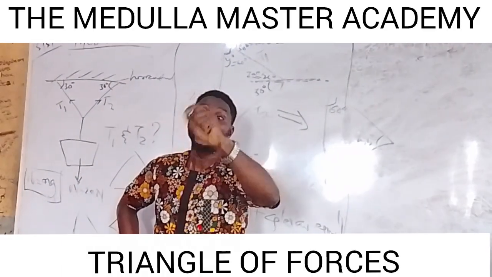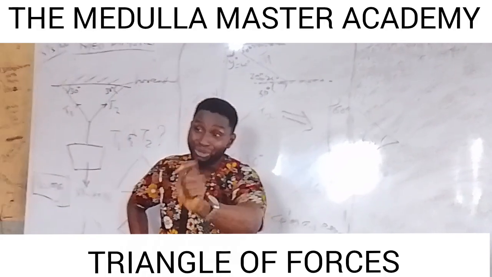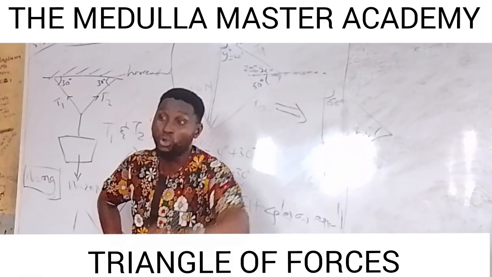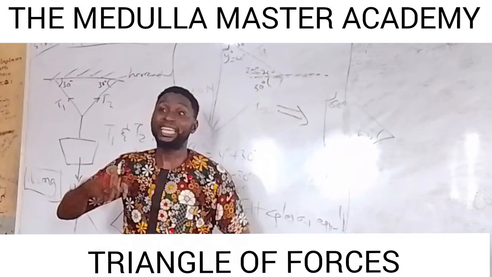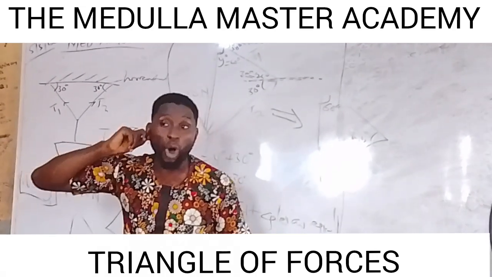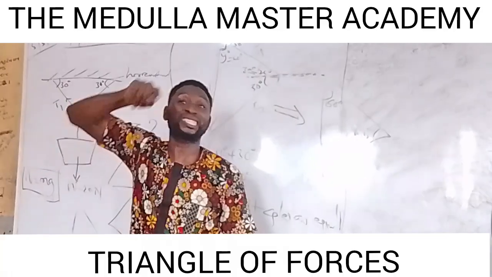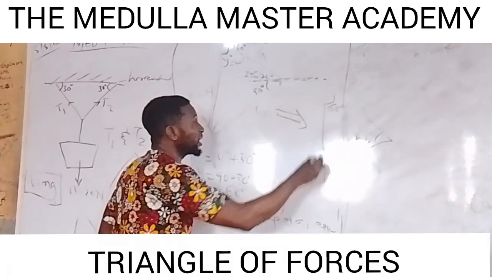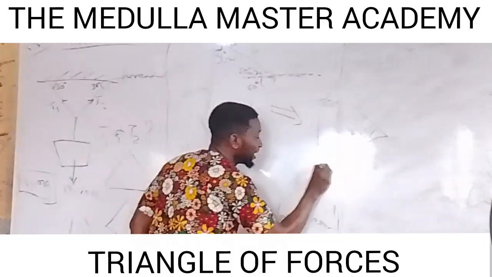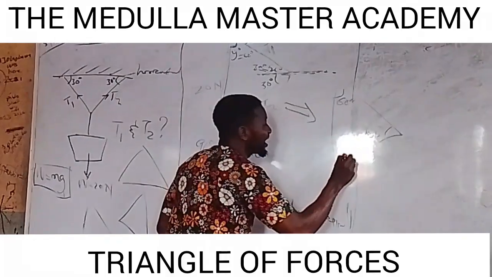From primary school, in an equilateral triangle, all angles are equal and also all sides are equal. So if this is 60 degrees and this is 60 degrees, what is going to be here will be 60 degrees. How do I know?